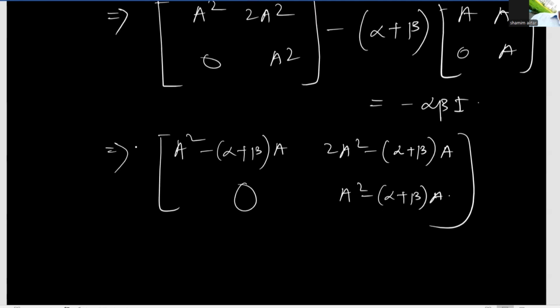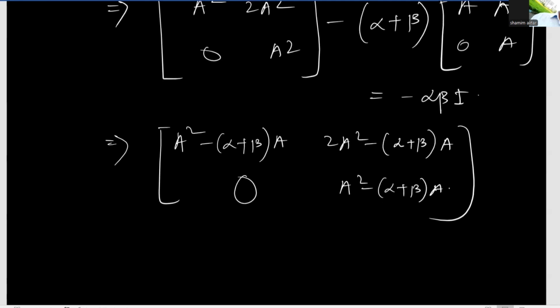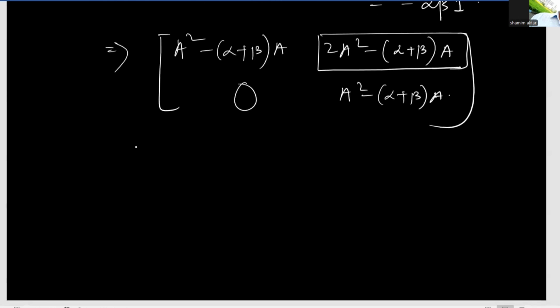So we only consider this coefficient. Comparing, we have 2A squared minus (alpha plus beta) A equal to the 0 matrix.